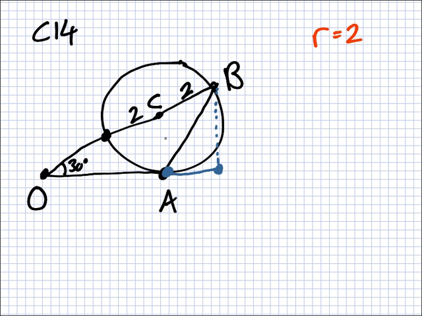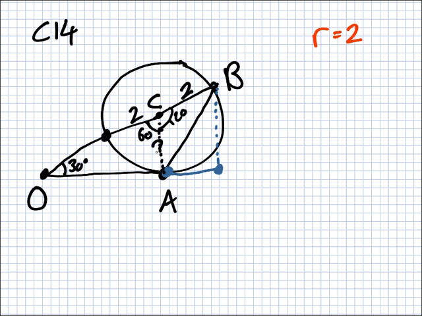You draw a line from C to A. This here is 60. 120? Oh, because it's 90 and 30. So 90 and 30 is 120. Of course, it's 180, so that's 120.